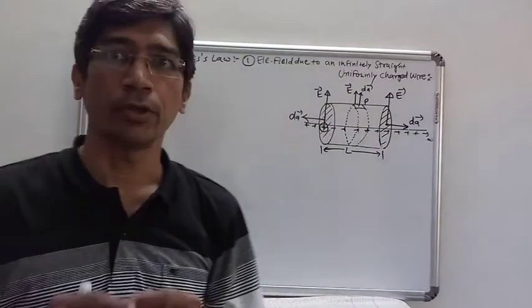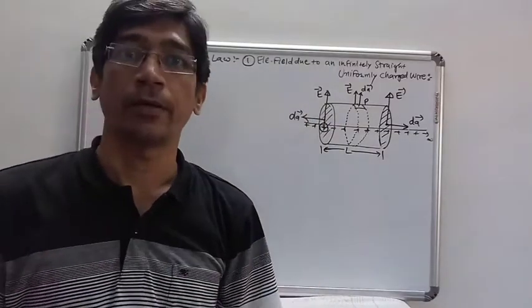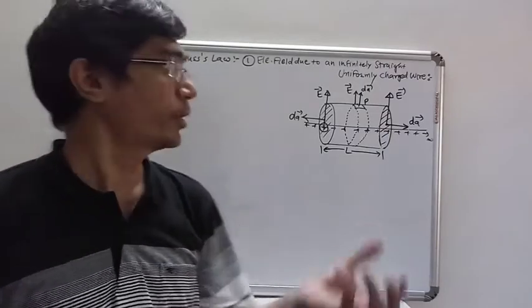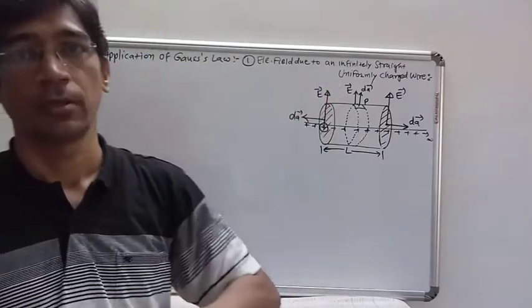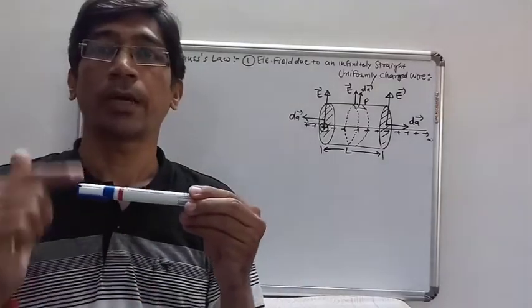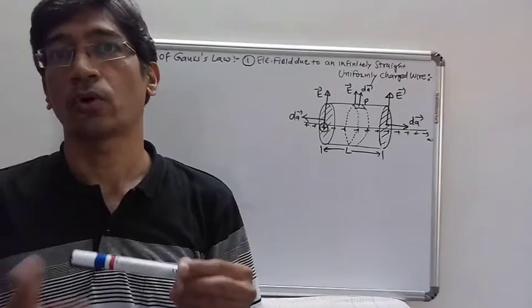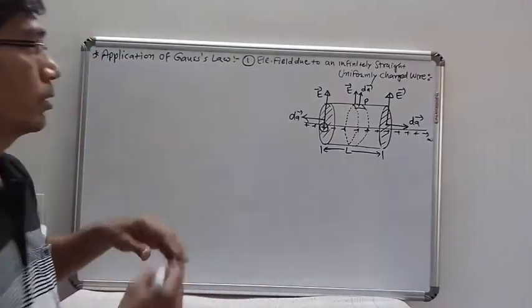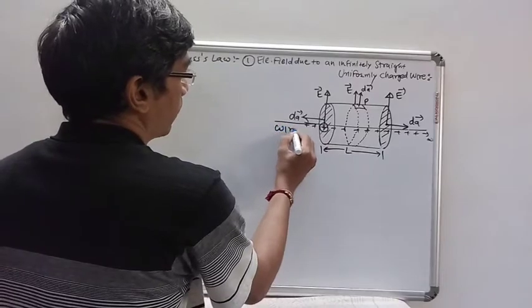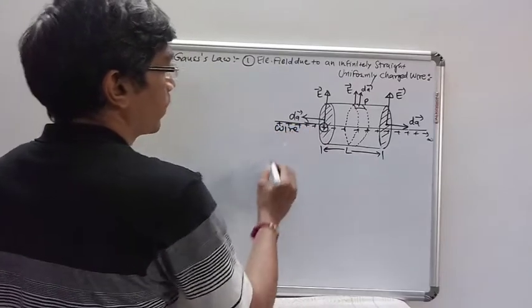If we take an infinite wire, which is a charged wire and a very long wire, and it is uniformly charged, then around the wire we can get the electric field using the Gauss theorem. Here we have drawn the charged wire.